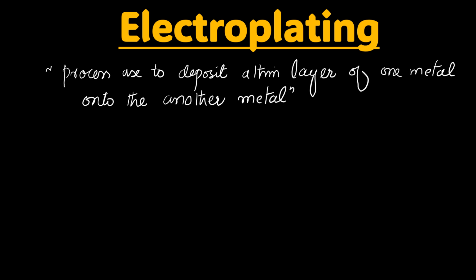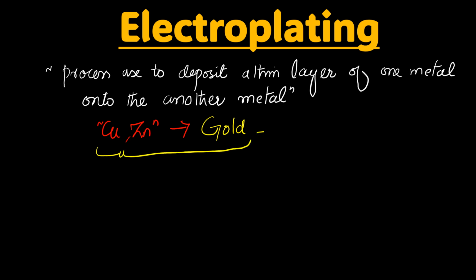physical properties of a bulk material, like metals such as copper or zinc, and when we deposit a layer of gold on the surface of a copper or zinc metal, then we get low cost surface coated gold jewelry.